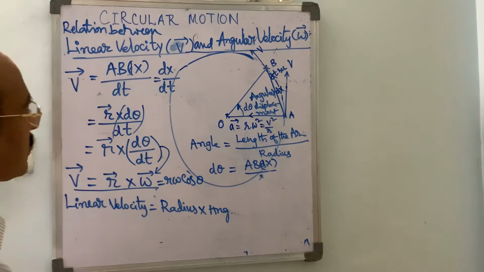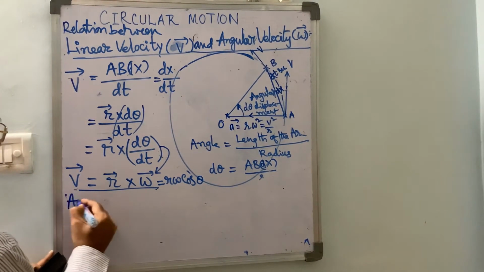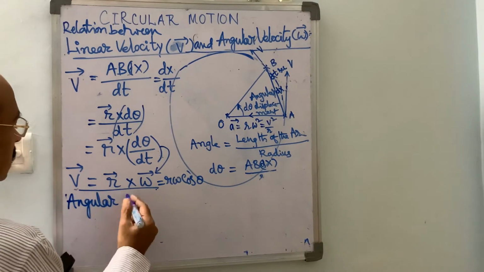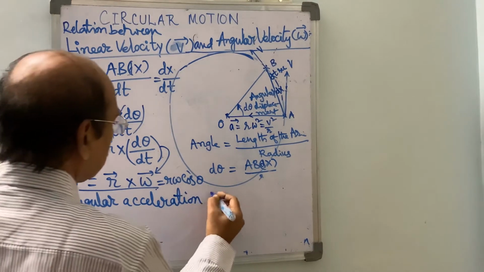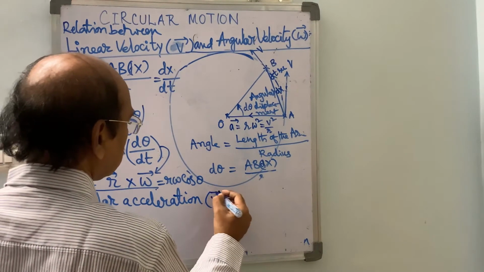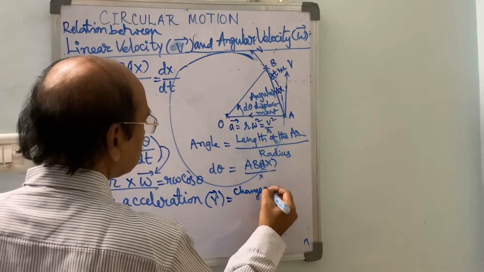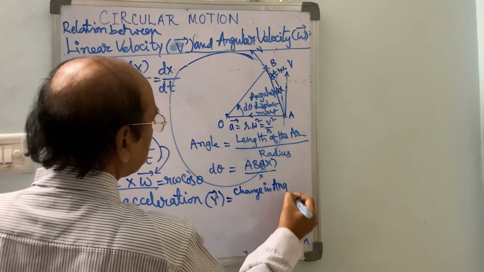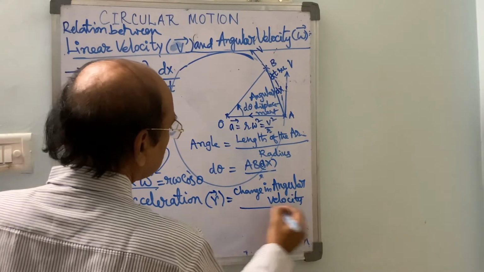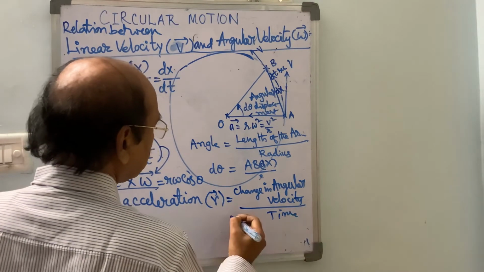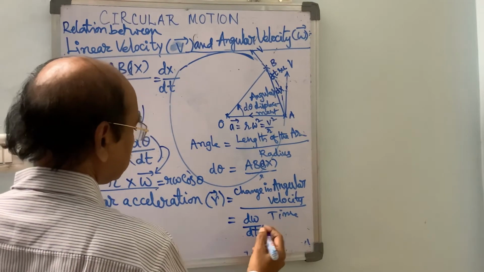Angular acceleration is the change in angular velocity by time, that is omega 2 minus omega 1, that is d omega by dt.